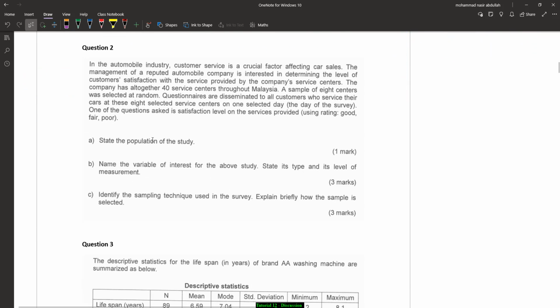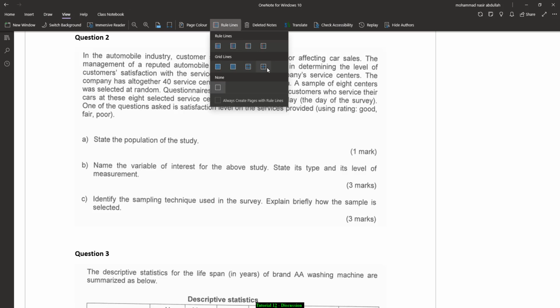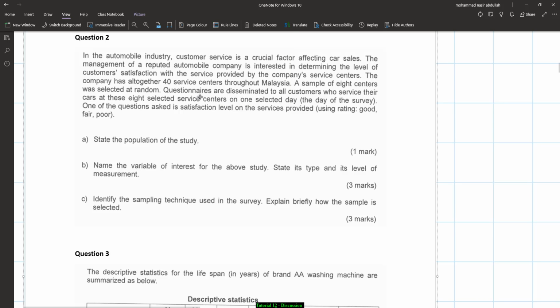Let's look at question number 2. So question number 2, in automobile industry, so dia kata dekat sini, customer service is a crucial factor affecting car sales.